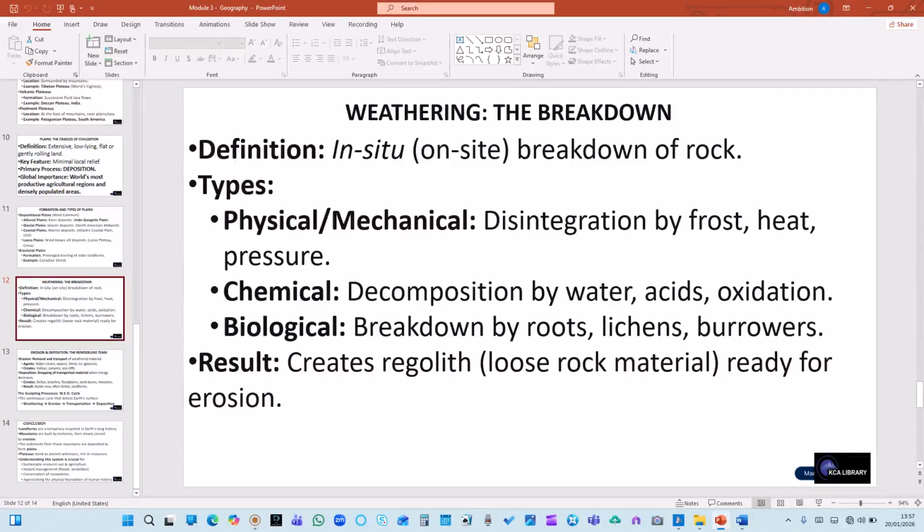Then we have chemical, which is decomposition by water, acid, and oxidation. Then we have biological weathering, which is breakdown by roots, lichens, and burrowers. The result is this: it creates regolith, that is rock loose material ready for erosion.